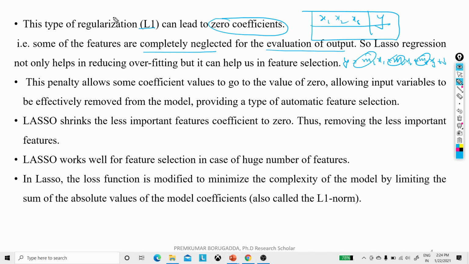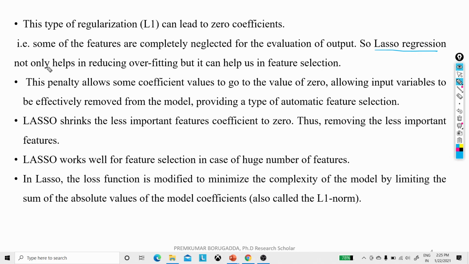While applying the L1 regularization, these coefficient values m1, m2, m3 are driven toward 0. Suppose the m1 coefficient value is 0, that means this feature is made 0, that is the meaning.